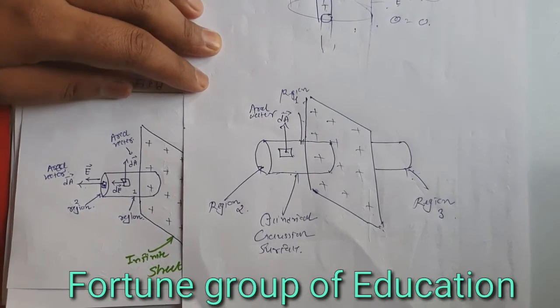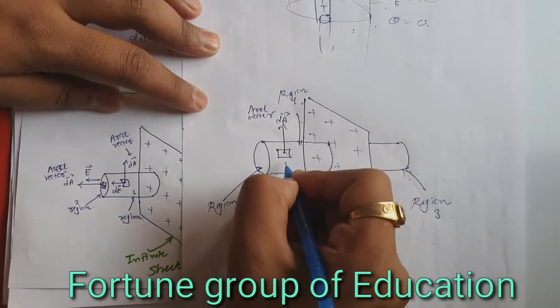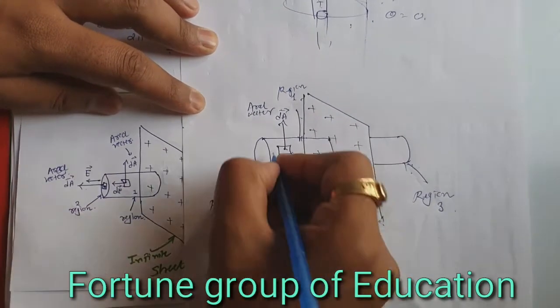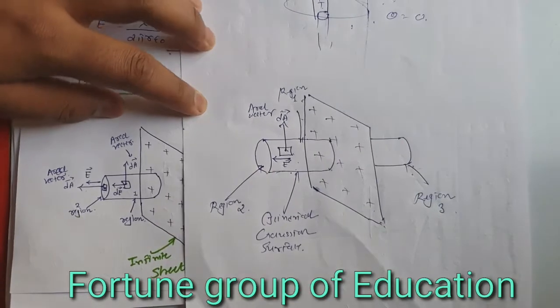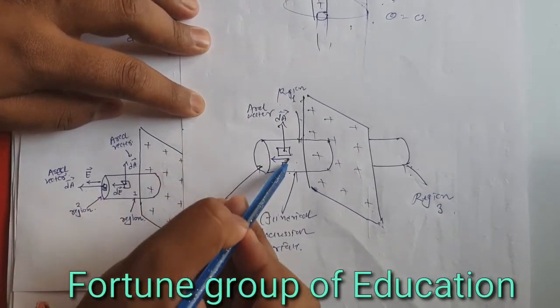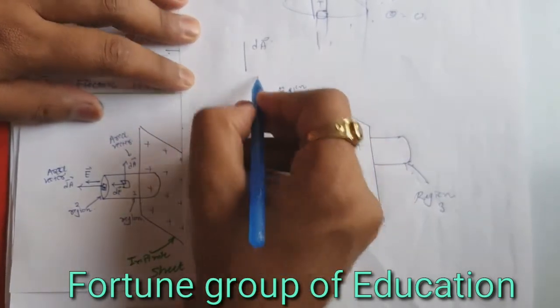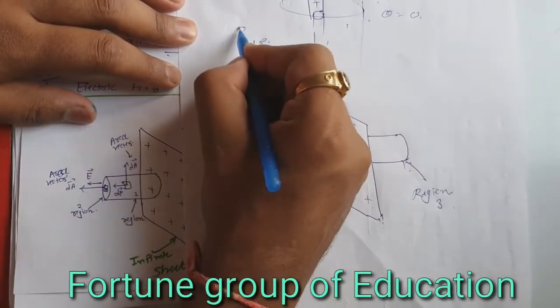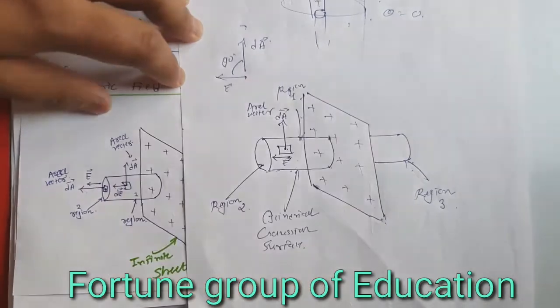The electric field is always passing through this surface. This electric field is outward, and it is the E vector. Now the angle between the area vector dA and the electric field is 90 degrees.